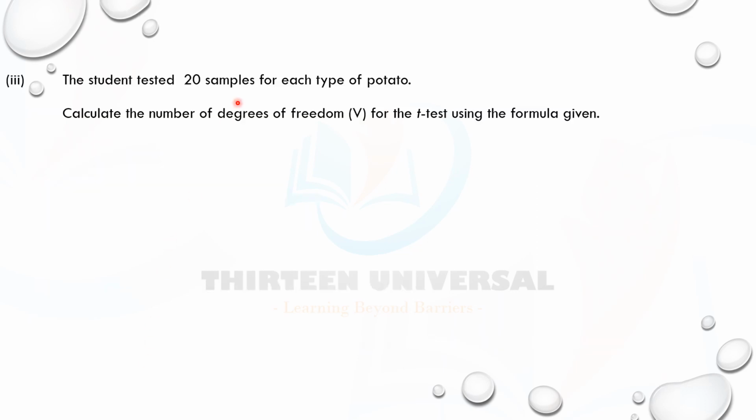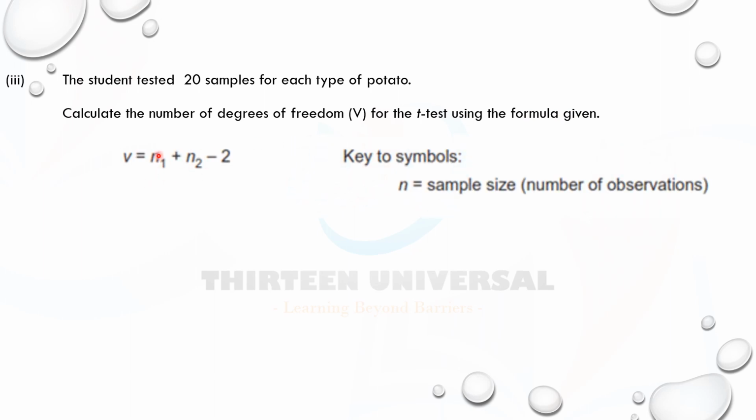The student tested 20 samples of each type of potato. Calculate the number of degrees of freedom, v, for the t-test using the formula given. So what is the formula given? That's the formula for degrees of freedom for a t-test.